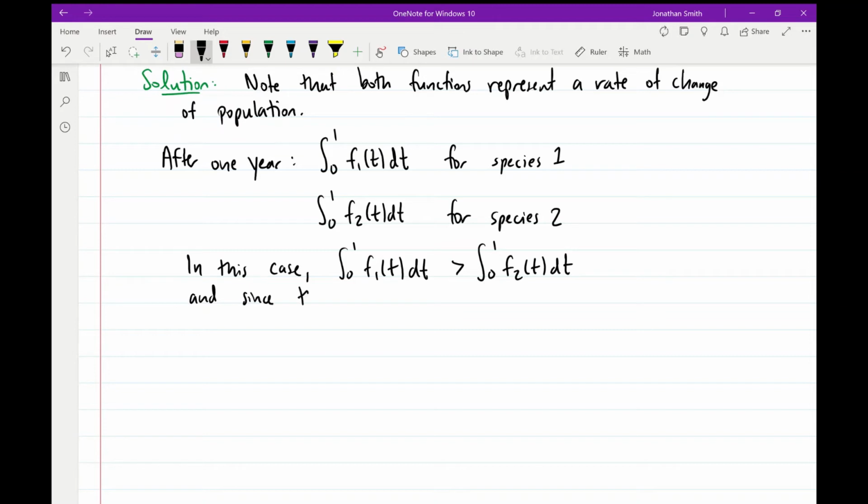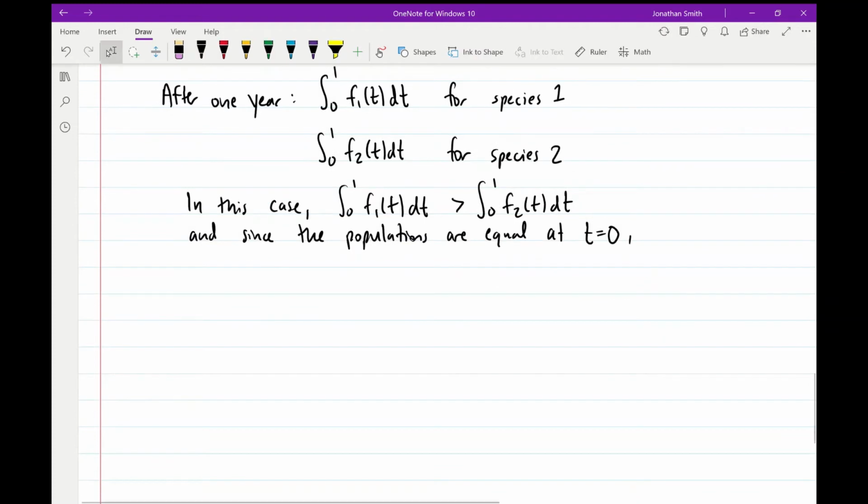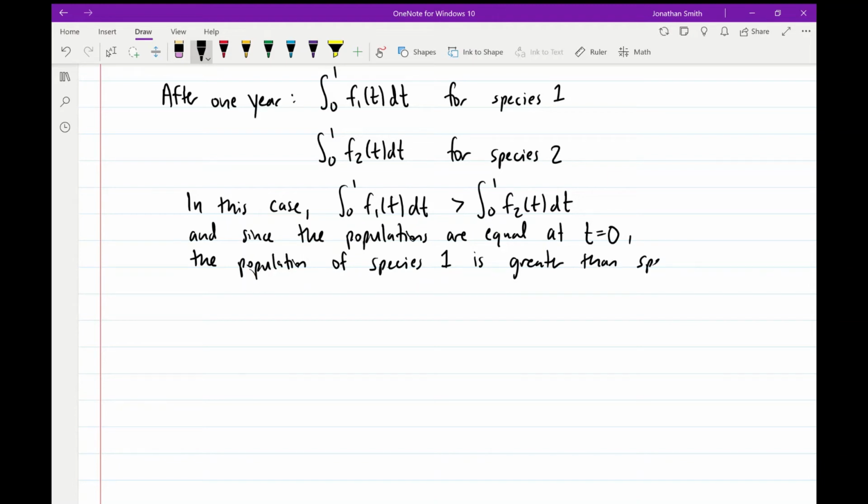And since the populations are equal at time equals 0, we can say the population of species 1 is greater than species 2 at time equals 1 year.